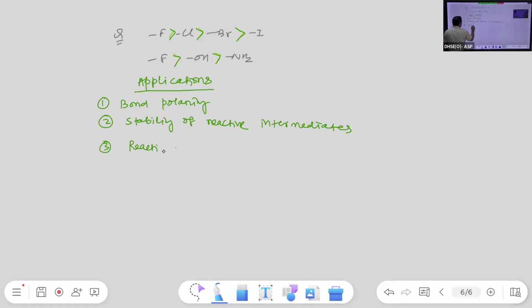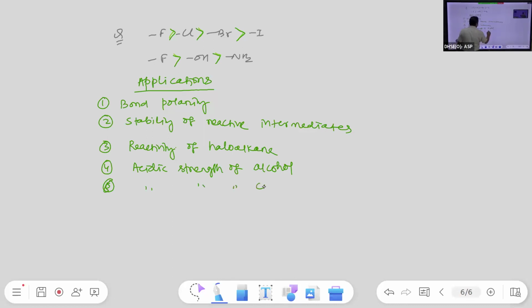Reactivity of haloalkane, then acidic strength of alcohol, then acidic strength of carboxylic acid, then basic strength of amine.